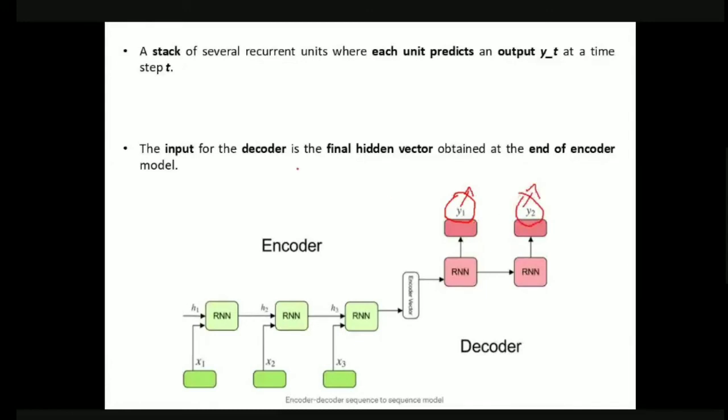Now the input for this decoder, as already discussed, is the final hidden vector obtained at the end of the encoder model. So the final hidden vector of the encoder is the first hidden state of this RNN, the decoder RNN.